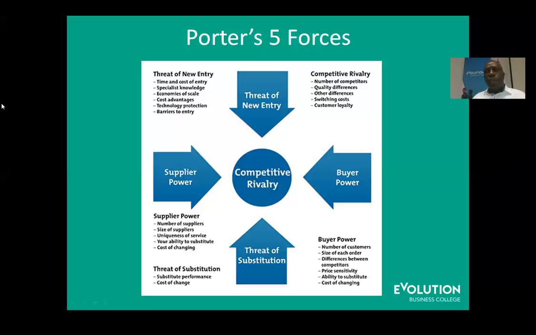Third, substitution. What are we talking about here? You might have a product, and this product can easily be substituted. For instance, we're going to talk about another example that we had. There's what's called Northwest Airlines in the United States. Part of their mission was, look, we want to take you to your destination just as if you go by car.